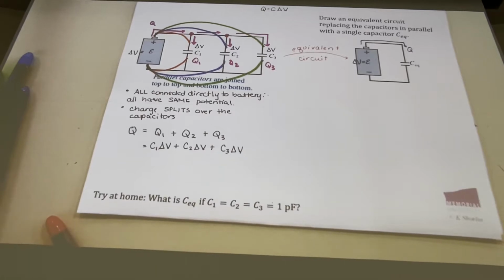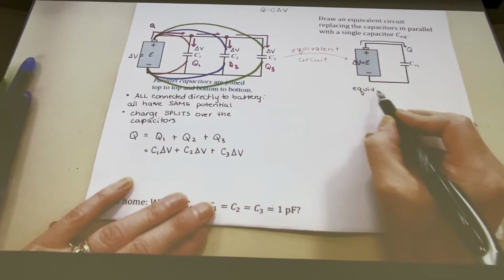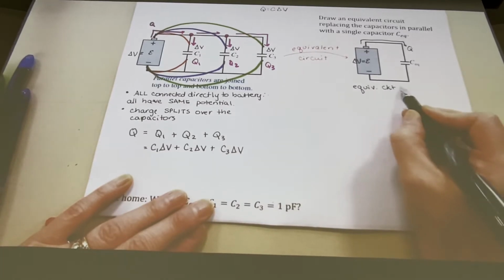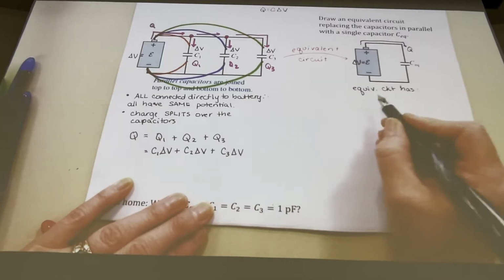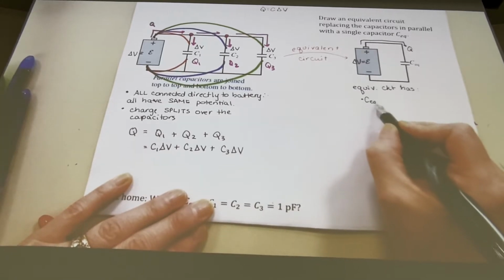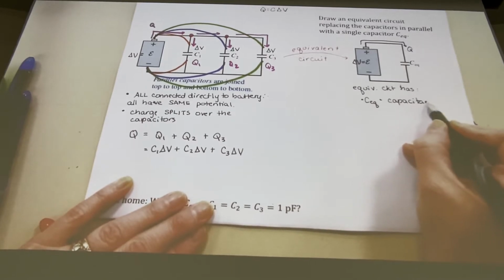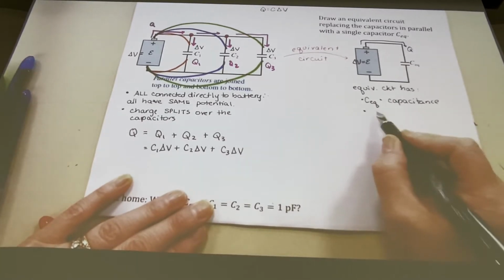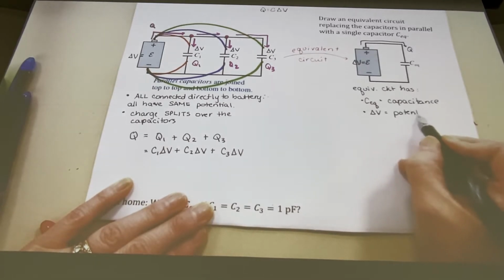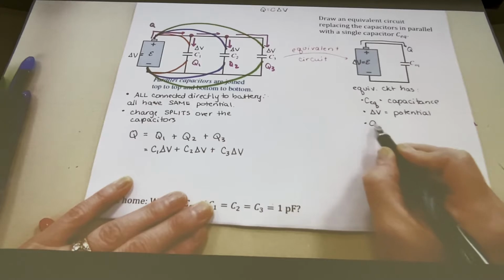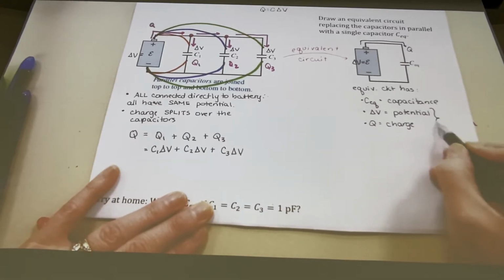So in our equivalent circuit, CKT for circuit, our equivalent circuit has capacitance that we call CEQ, it has the same amount of charge and the same potential. These are the same as the original circuit.